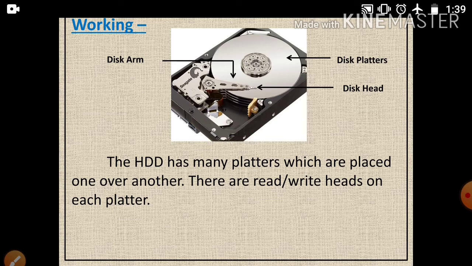So the disk arm is used to move the disk head over the disk platters to read and write the data. The read and write head mechanism reads and writes items or files on the drive without touching the disk recording surface.